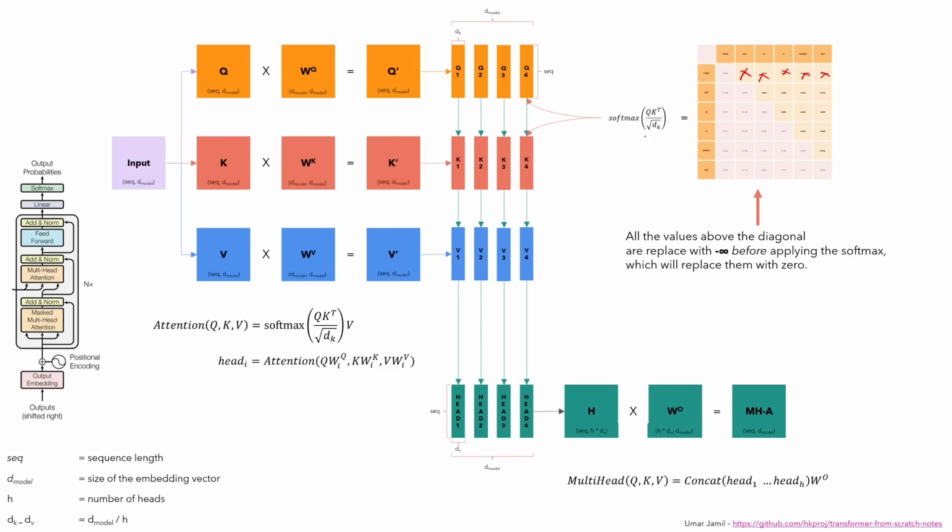Then we apply the softmax, and the softmax will take care of transforming these values into zeros. So basically we don't want these words to interact with each other. And if we don't want this interaction, the model will learn to not make them interact, because the model will not get any information from this interaction. So it's like these words cannot interact.